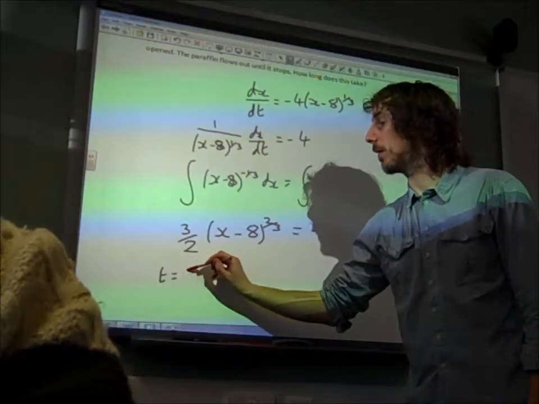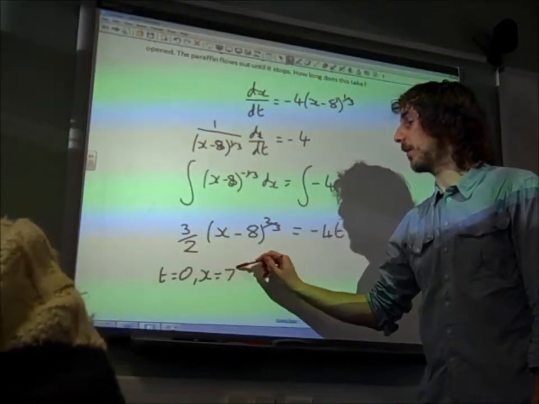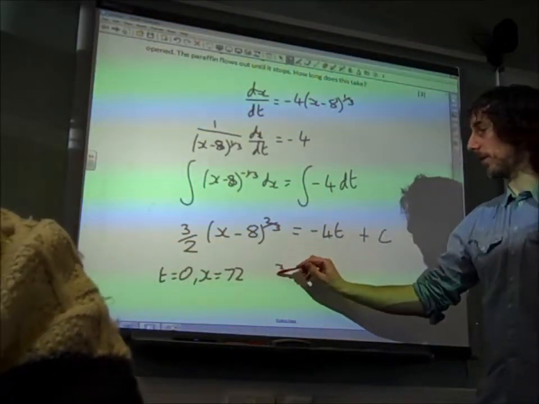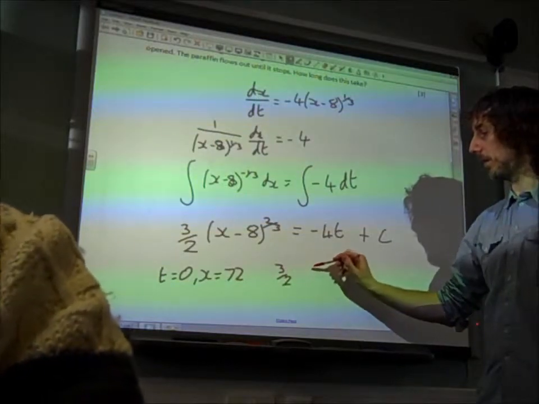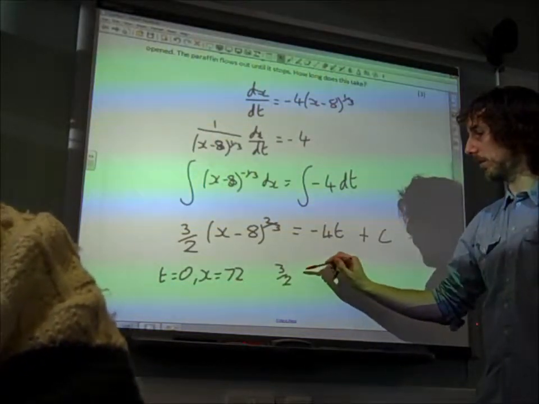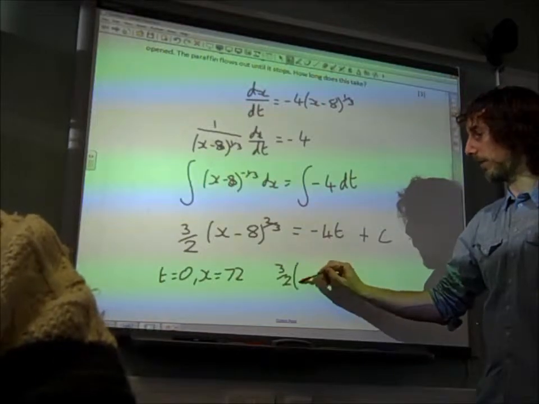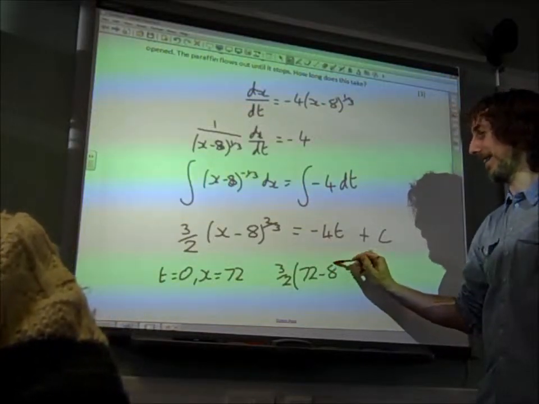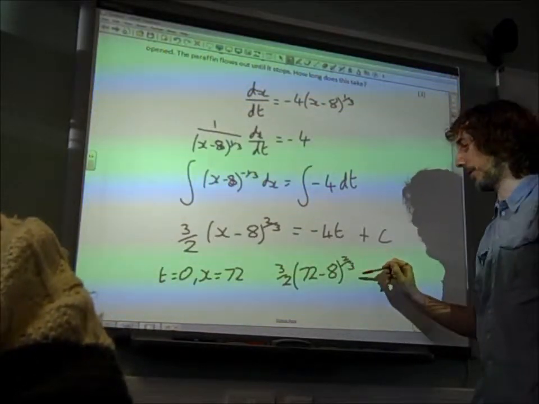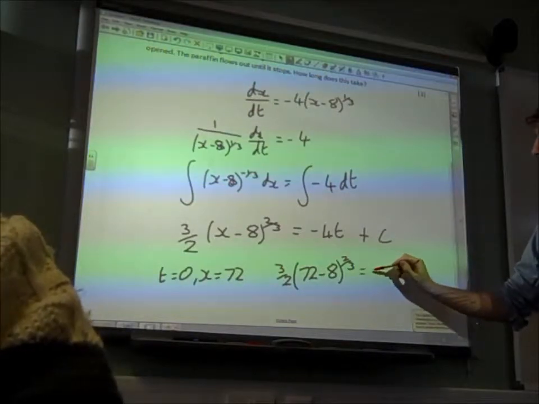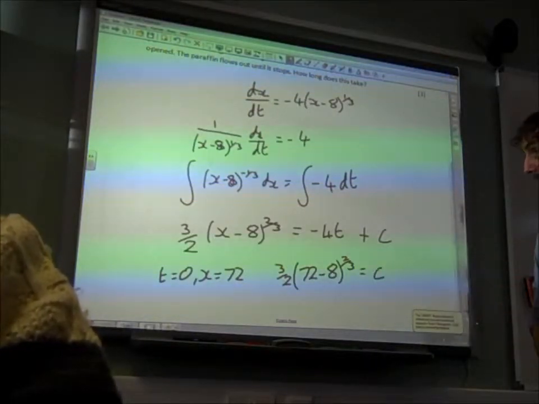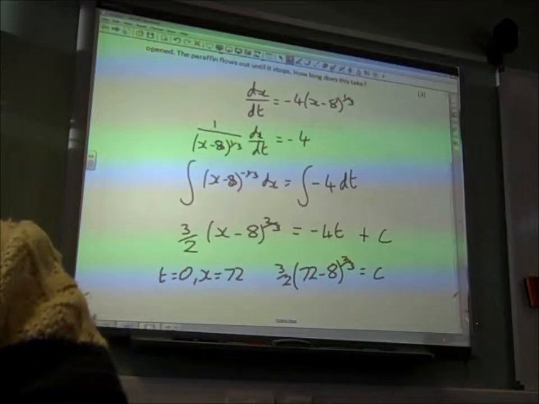So if t is 0, x is 72, that means that 3 over 2 times (72 minus 8) to the 2/3 is c, because that's minus 4 times 0 plus c.